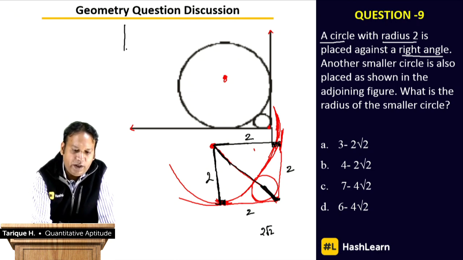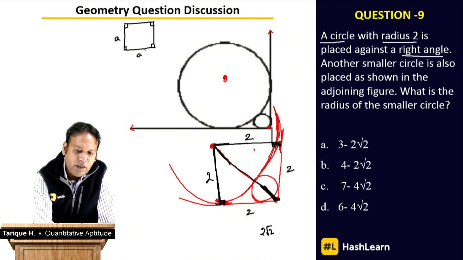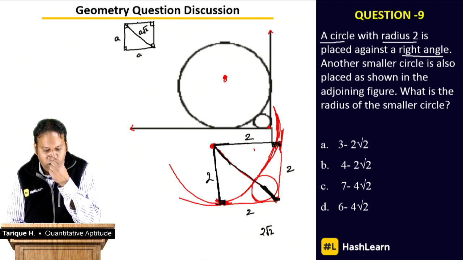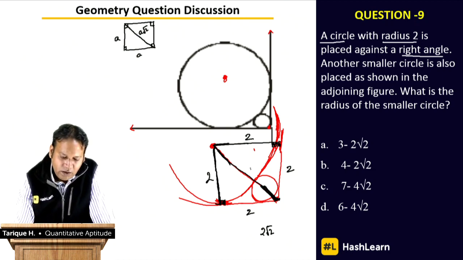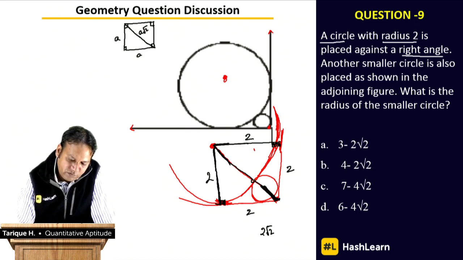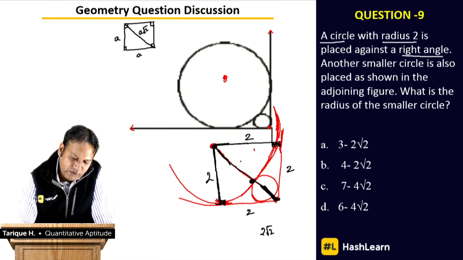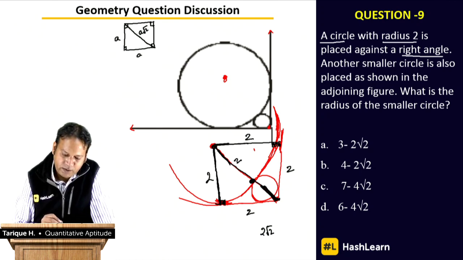Because for a square having side a, let's quickly draw it here. For a square having side a, the diagonal is always equal to a root 2. Okay, that's the first thing to understand. Now we know that from this point to this point here, this is the radius, so this is 2.